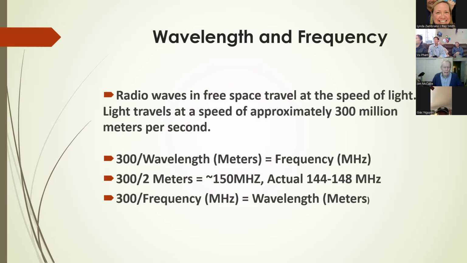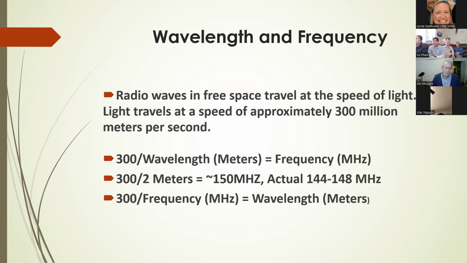And then the formula you need to remember, and you'll use this an awful lot, is how do you convert wavelengths into frequencies? It's 300 over whichever you're trying to convert. So 300 over 2 meters, the wavelength, gives you the frequency, about 150 megahertz. And remember, these are all in megas, millions.